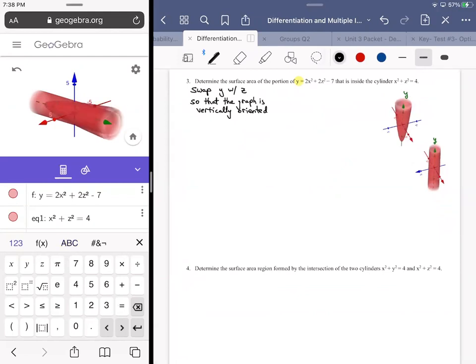So I take these two graphs, which are horizontally organized, and look at them sideways. It's the same relationship, because I'm looking for the surface area that's inside the cylinder. Whether I'm going out to the left, right, forwards, backwards, up or down, it doesn't make a difference.